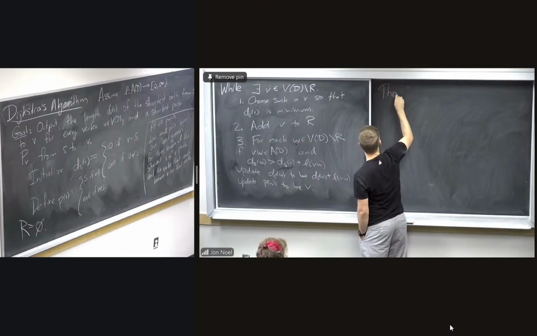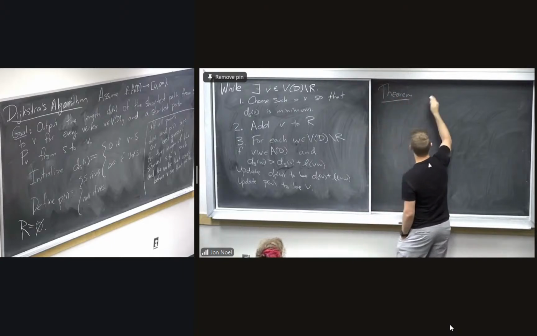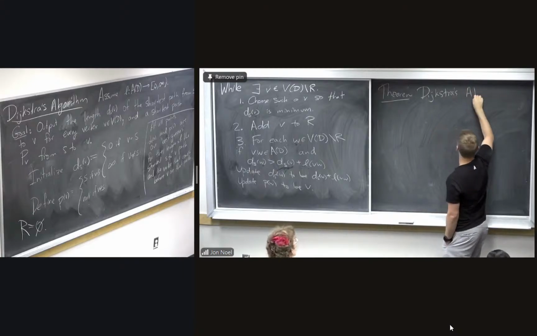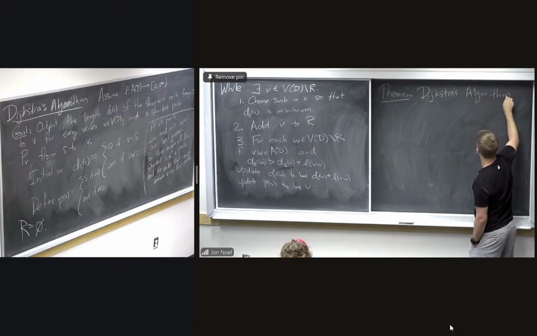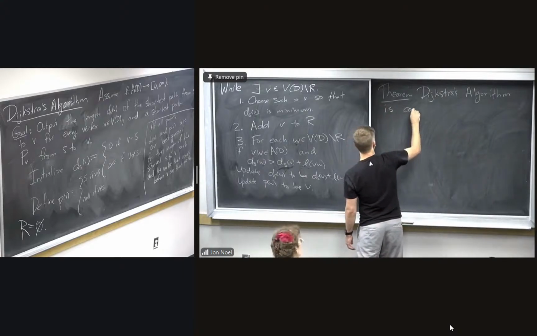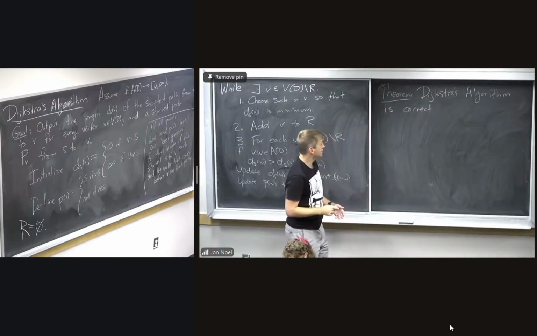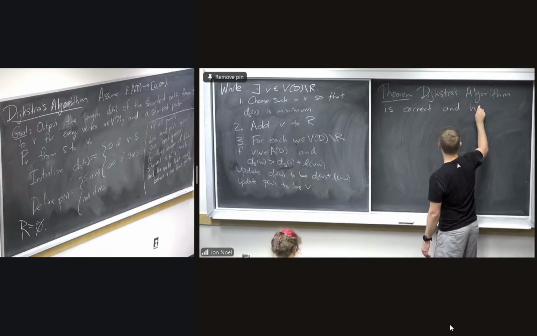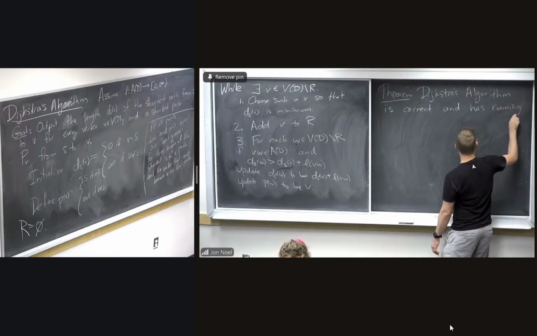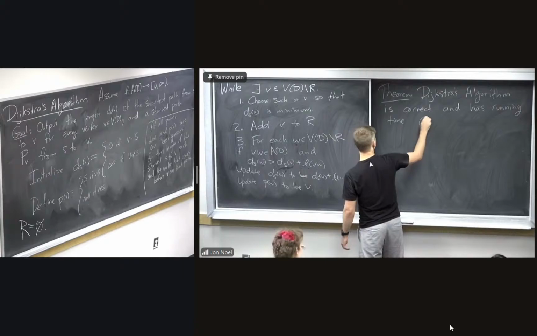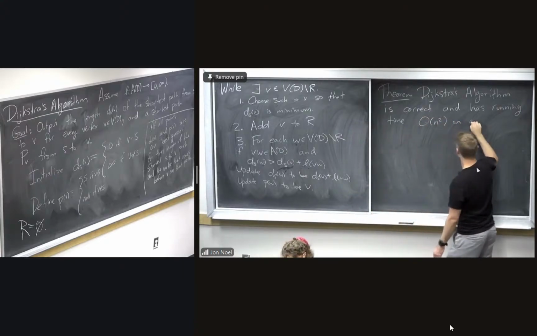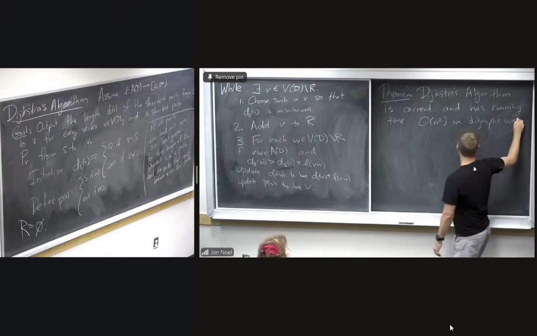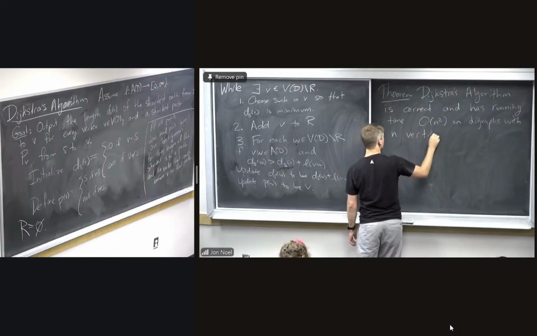So I want to state a theorem. Dijkstra's algorithm is correct, meaning it correctly identifies the length of the shortest paths, and has running time big O of n squared on digraphs with n vertices.